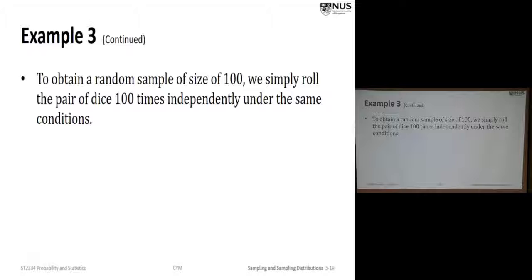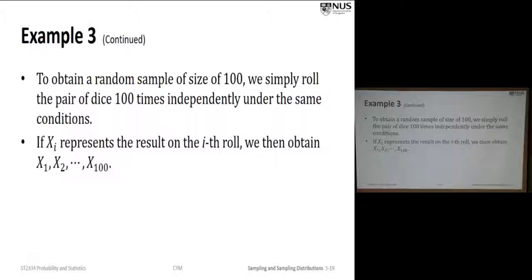Each one is supposed to be independent. The outcome of one roll of these two dice will be independent of what you get in the next roll. So I represent the ith roll outcome as xi. So I have x1 up to x100.